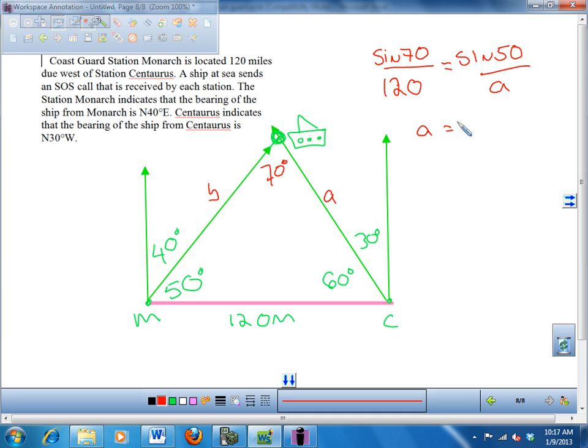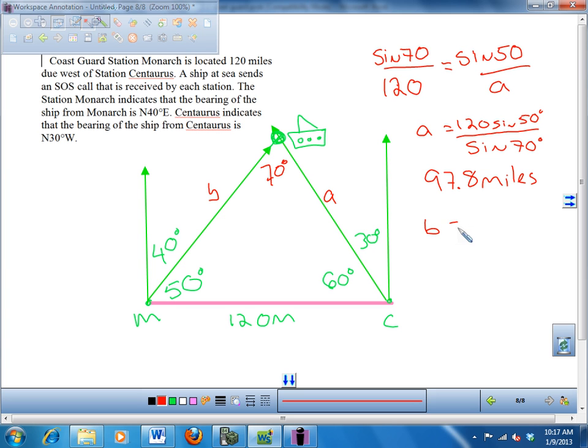A is equal to 120 sine 50 divided by sine 70. And if I do that on my calculator, I get that A is about 97.8 miles.